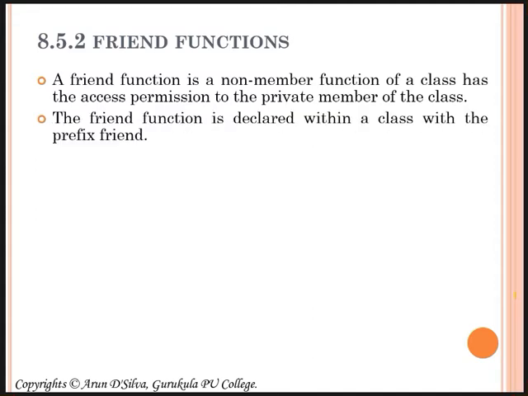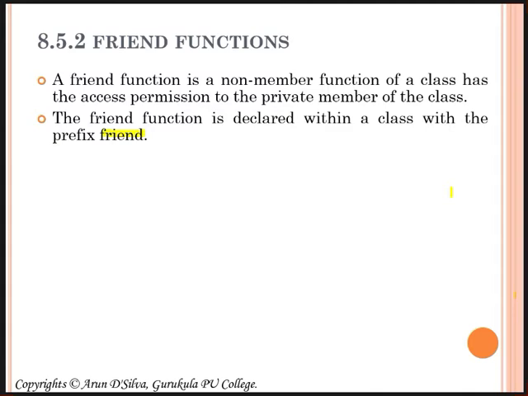And the friend function is declared within the class with the prefix friend. Now, for an inline function we used the inline keyword, and here you have to use the friend keyword. By using the friend keyword, I can create a friend function to that class.